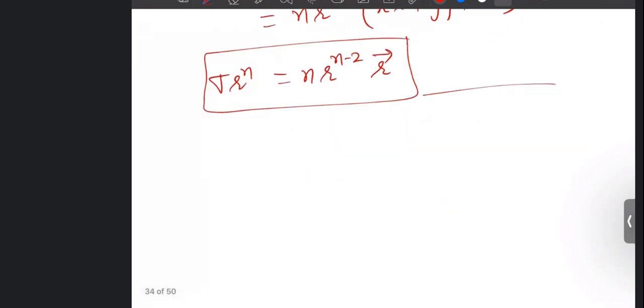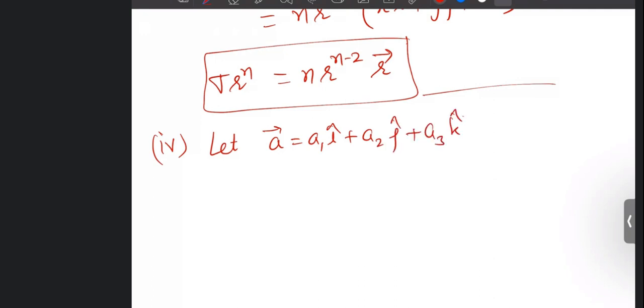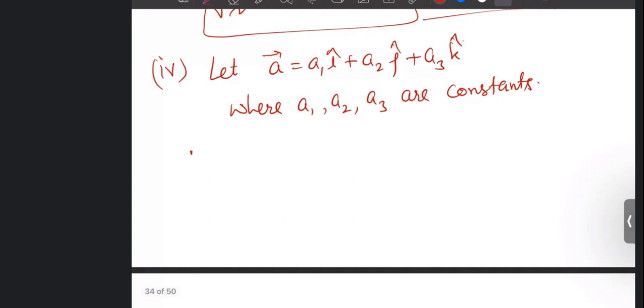Now come to the result of the fourth part. In the fourth part, we are given a constant vector a. Let us consider the constant vector a equal to a1 i plus a2 j plus a3 k, where a1, a2, a3 are constants, and their derivative will become 0.